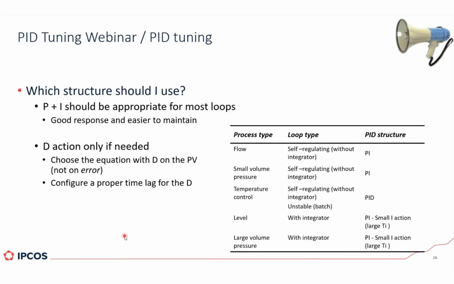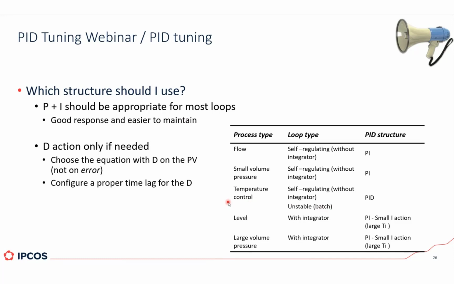Normally, we use proportional and integral action. That should be appropriate for most of the loops. If we see here in the table, normally we use the action for temperature controllers, and if you have a composition controller, for example, that is slow and has more complicated dynamics, then we should use a D action.